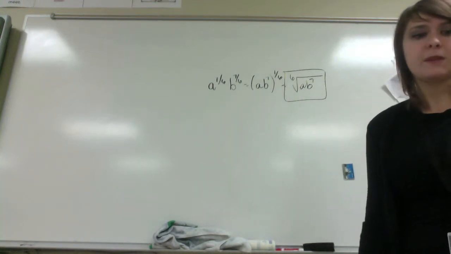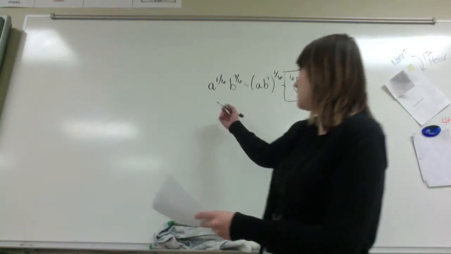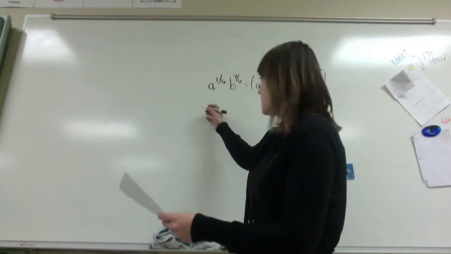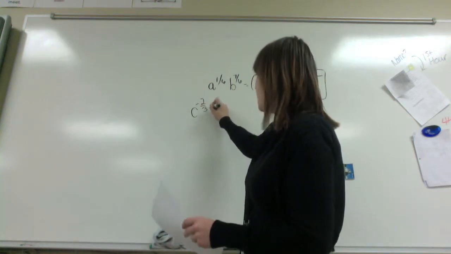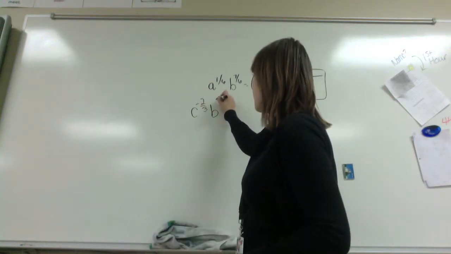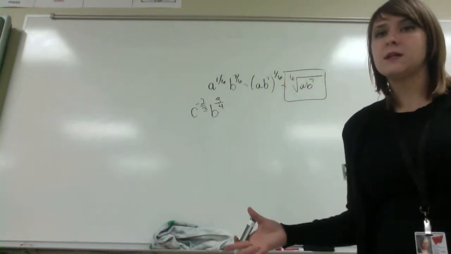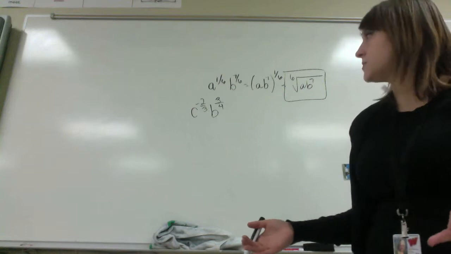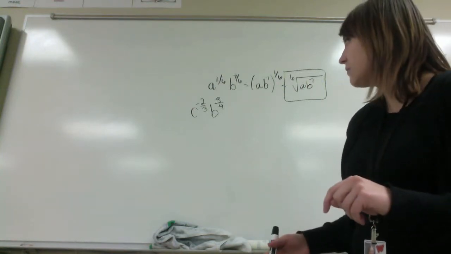Okay. Next up, I've got a tricky one. So this one is c to the negative 2/3, b to the 3/4. Alright, so this one's not as easy because I don't have a common denominator, but I can find a common denominator.